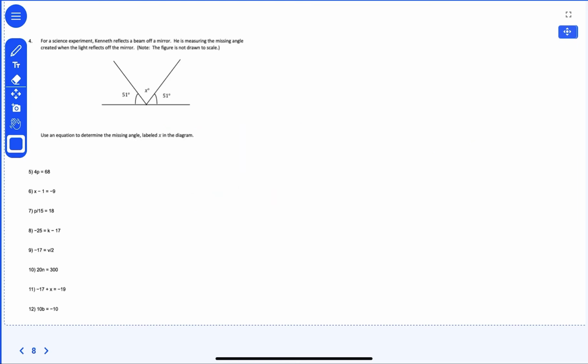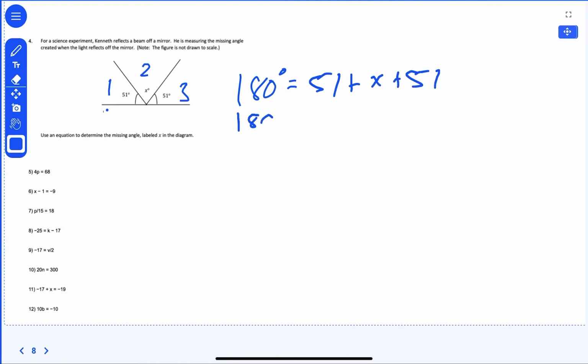All right, page 8. What do we got here? Okay, this one's easy. We have a straight line here that equals what? 180. So we have 180 degrees is equal to this angle. Let's call this angle 1, angle 2, and angle 3. So that would be equal to 51 plus x plus 51. Well, can you do it? You can do 51 plus 51.